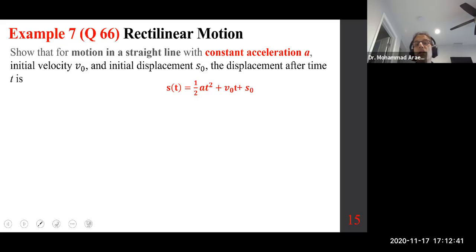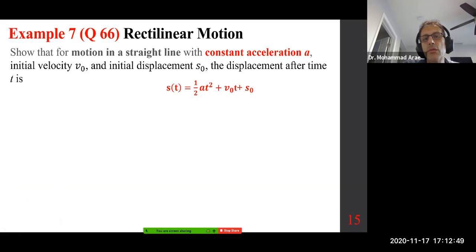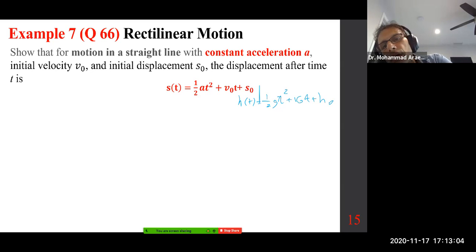And due to gravitational force, we would say h of t is 1/2 g t squared plus v0 t plus h sub 0. I hope you remember that formula also.